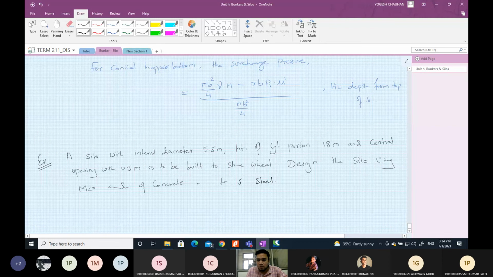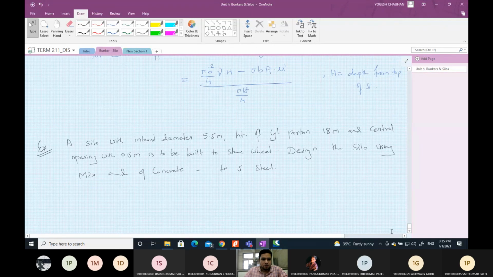Okay, we'll discuss this example in the next class, as there is an issue with this software. We stop here and we'll continue this example in the next class.